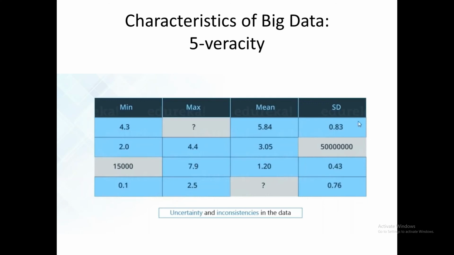We can notice in this example some sort of inconsistency in the table: some values are missing, and we can see a big gap between the values within the same columns. Obviously, processing this kind of data is problematic. There are lots of problems while dealing with big data because of uncertainty or inconsistencies, and this is another characteristic, veracity.